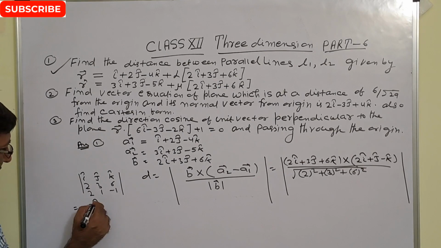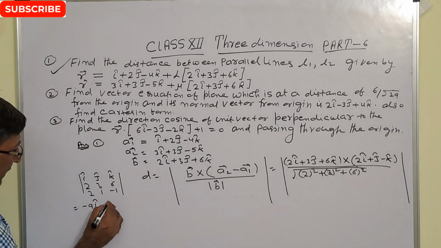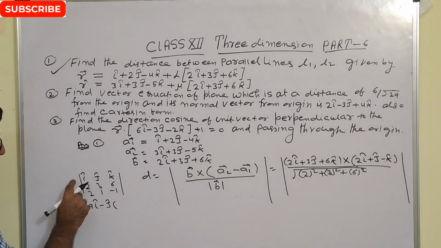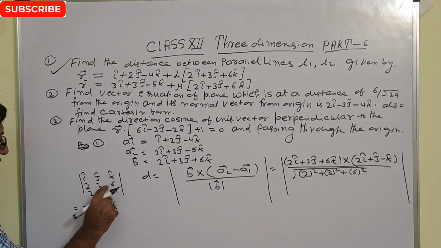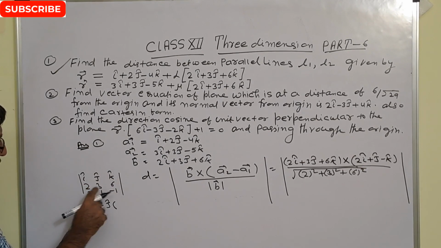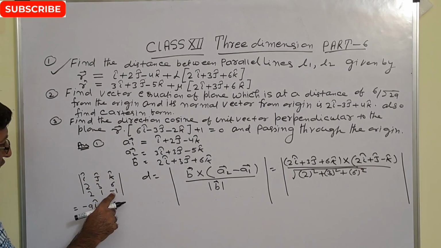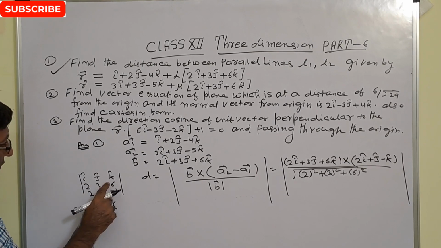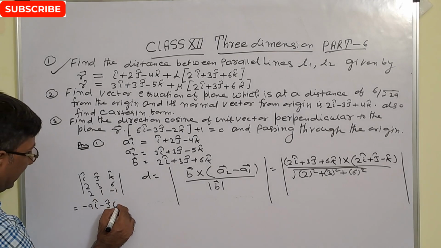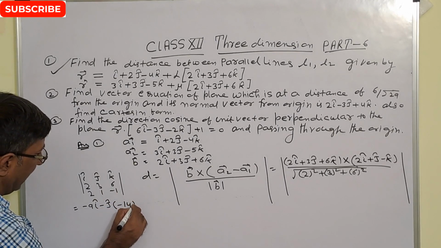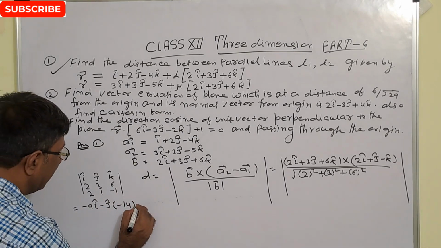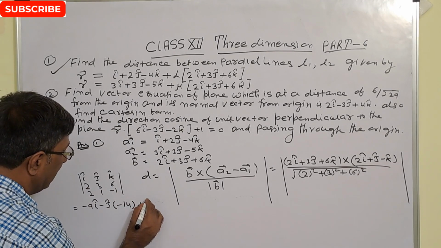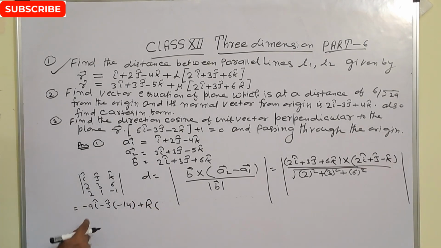Now this is j. So here minus j. Again leave the first row and second column. So 2 into minus 1, minus 2. And this is minus 12. So minus 2 minus 12, that is minus 14. So this is how much? Minus 14. Again, this is unit vector k. Now this is what?